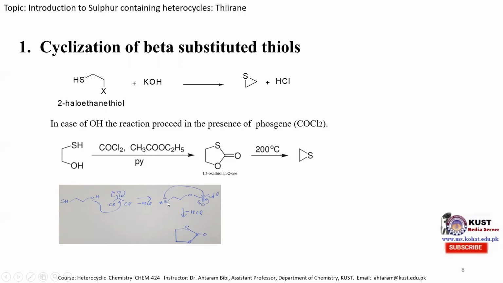And in the second step, the lone pair of electrons of sulfur attacks this carbonyl group. So the pi electrons shift towards the oxygen, and when they come back, it eliminates the chloride ion. So another hydrochloric acid molecule is released, and this cyclization happens, and we obtain 1,3-oxathiolan-2-one molecule.